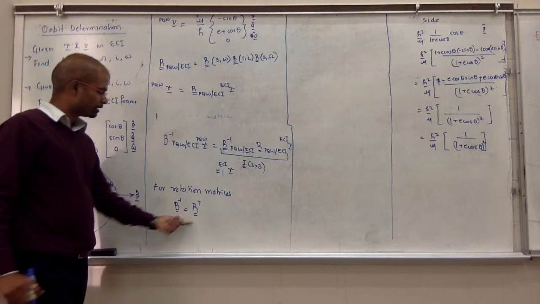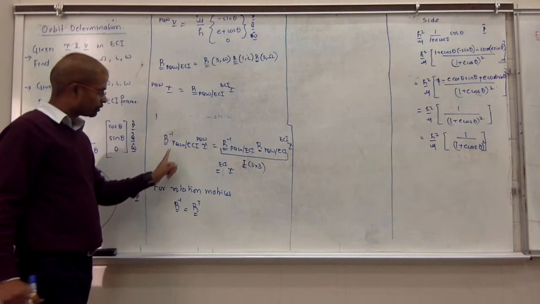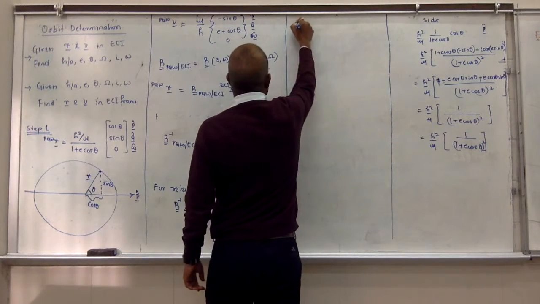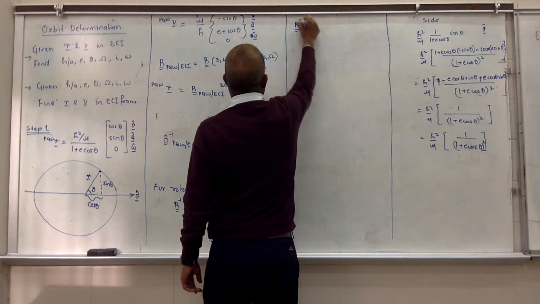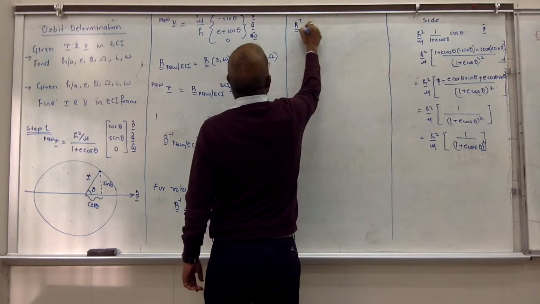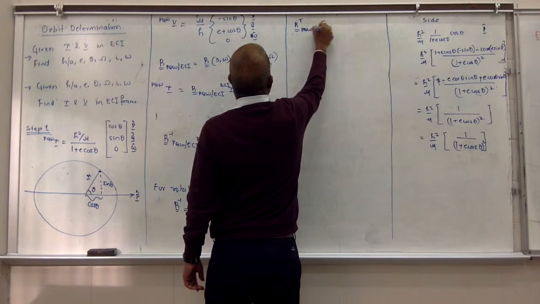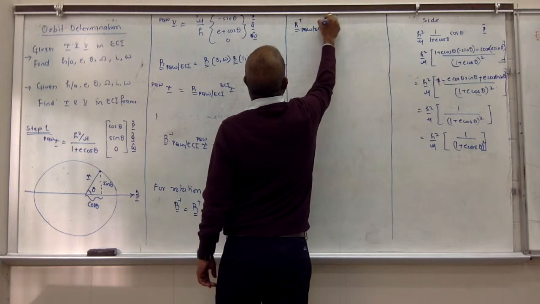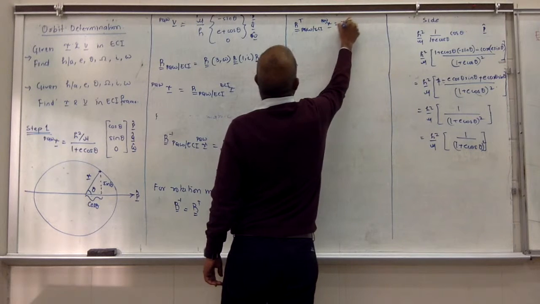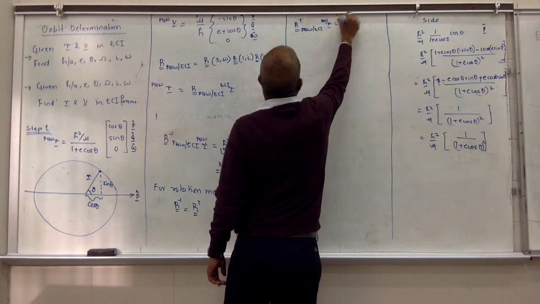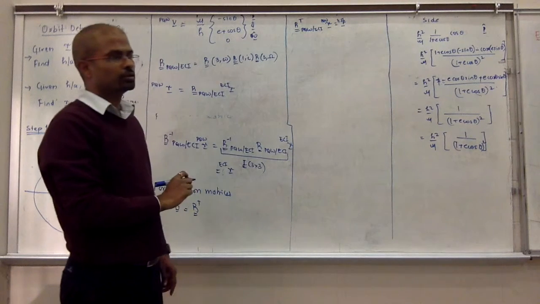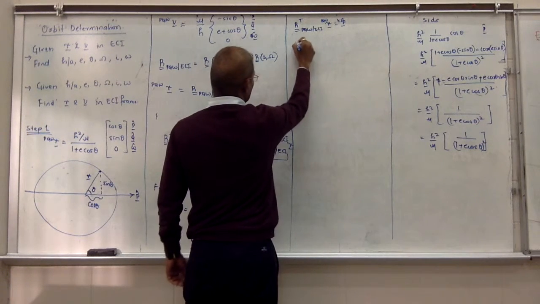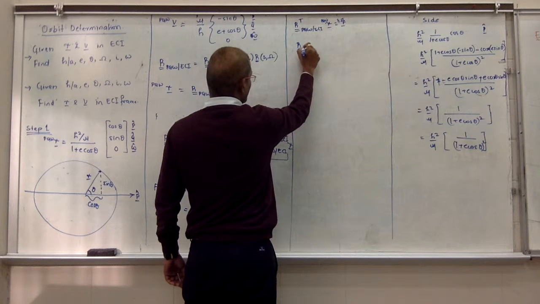So if you look at this here, you can write this as R transpose PQW into R PQW is equal to R ECI. Pay attention here.